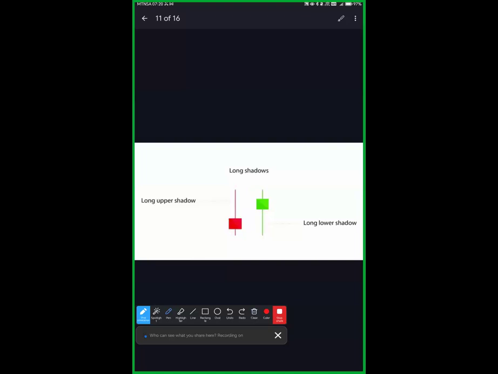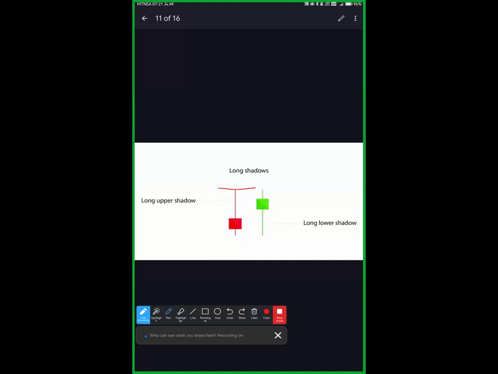Number one, the upper shadow signifies how high the price went. When there is an upper shadow, you are able to locate how far in terms of height the price went. Because of this shadow, you are able to see the highest point the price went in this trade session.